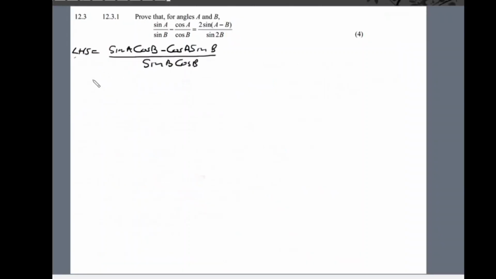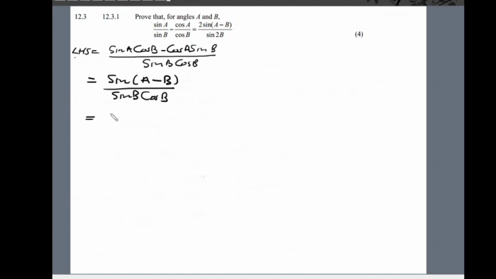Right? Using that identity, our numerator will be sine A minus B, right, divided by sine B cos B, right?